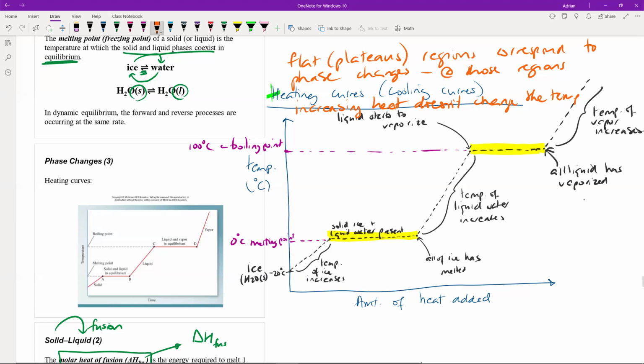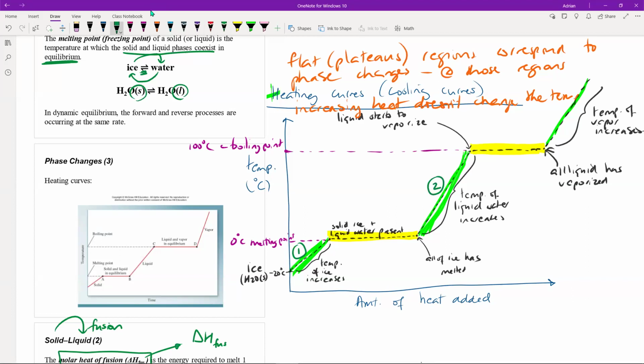We have the other regions that connect the plateaus, and those represent lines that are sloping upwards. Those would represent the increasing temperature of the respective physical states. So we have the first one here in green. This would be the increase in the temperature of the solid.